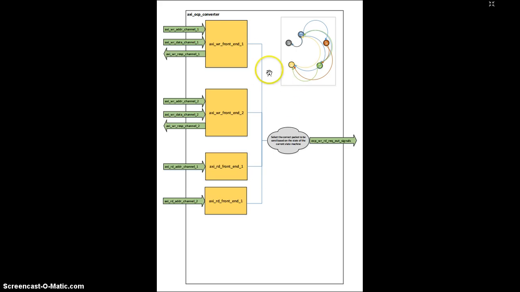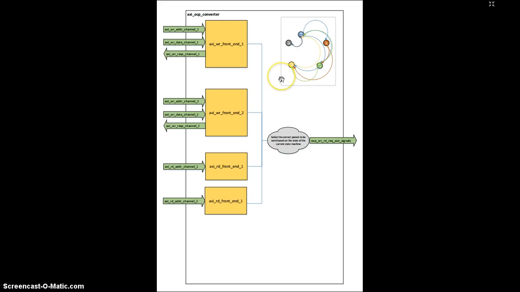Now the next problem is that you have 4 different packets, which may or may not be available at the same time, and you have only one OCP channel to send them out. Here you need an arbiter. The arbiter will decide which client has to be served currently. There are 4 different clients here internally: the read from the 2 clients and the write from the 2 channels.